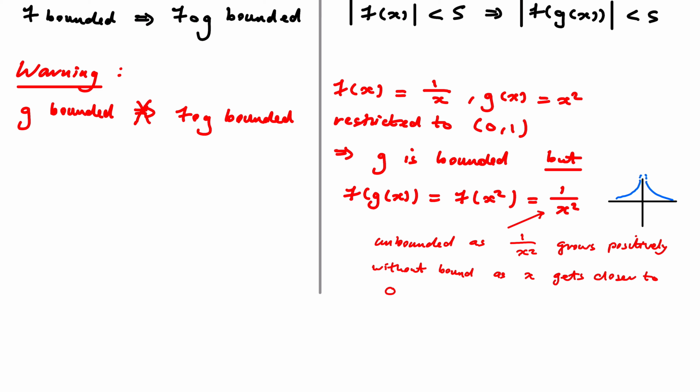So there's no horizontal line that traps it. It can get as big as it wants as I'm willing to get closer to 0. So interesting. In this example, the outer function matters, the inner function doesn't matter so much. There are all sorts of weird and wonderful things that can happen, but this is some good stuff to be aware of.